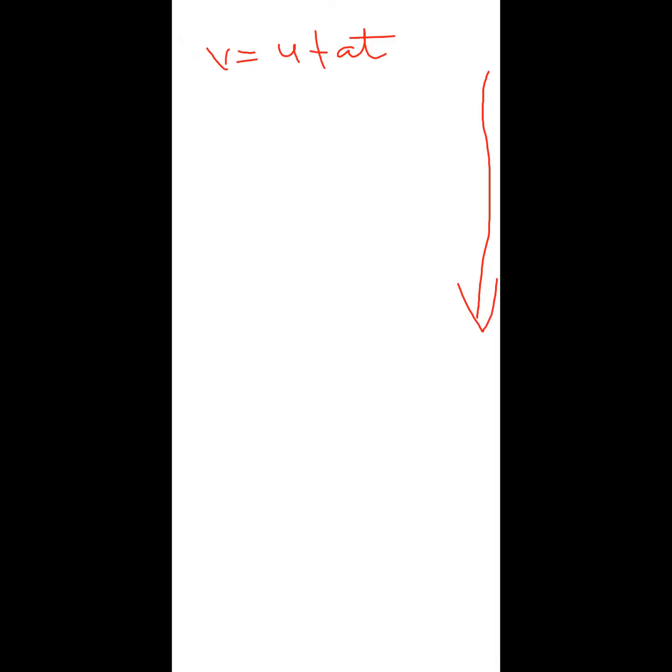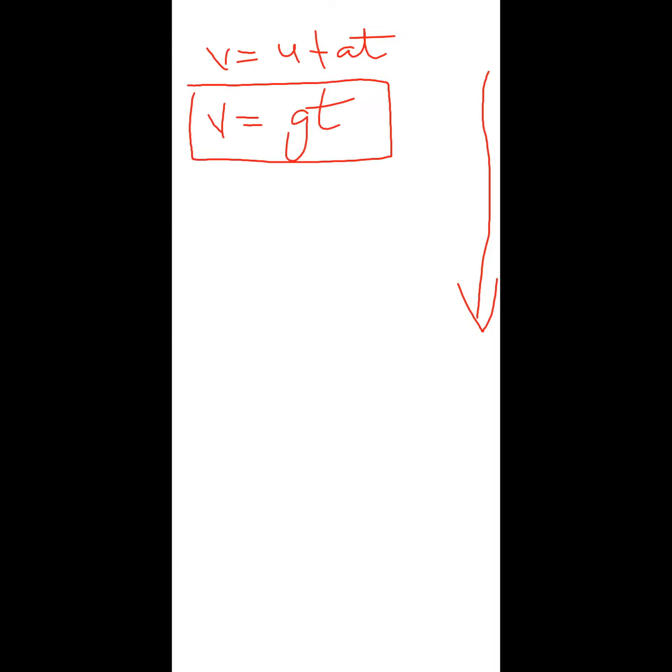So the initial velocity is 0, and I'll have V is equal to GT. Why G? Because it is coming alongside gravity, not going against gravity. Since it is not going against gravity, this law holds.